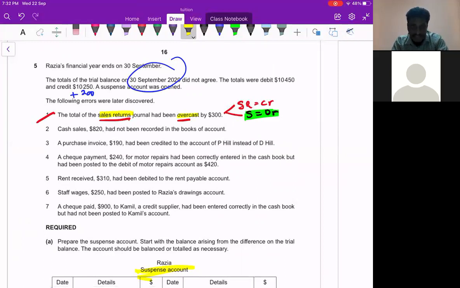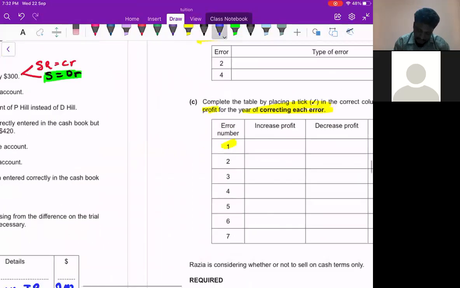If your sales return reduces, you are minusing less from sales, so your profit will go up. There will be an increase in the profit. Understand now? So number 1, we are done already.